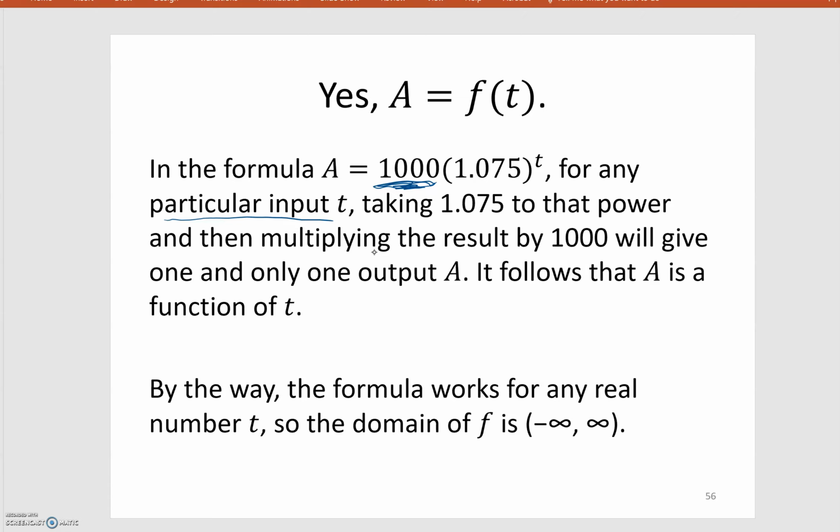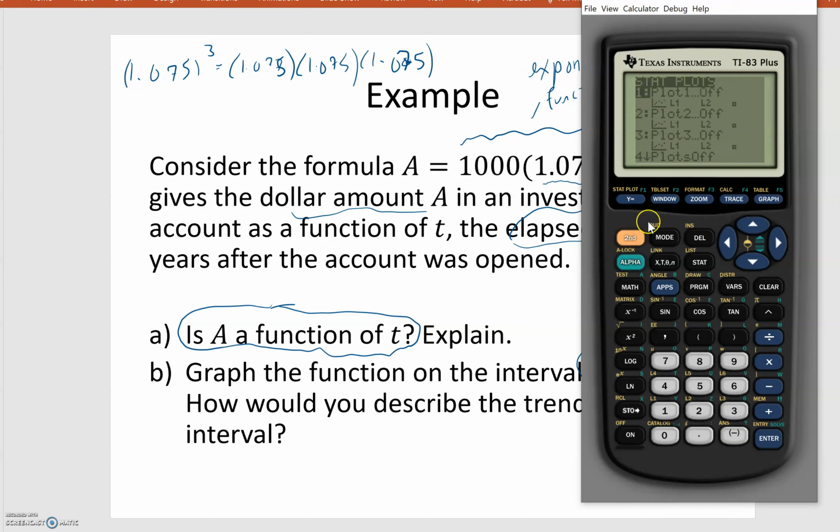Okay, let's talk about graphing the function on the interval 0 to 20 and what it looks like. So let me pull up the calculator and let's do some work with this. First go to y equals, actually let's make sure that my stat plot is turned off. It is, so that's good. All right, I'm going to go to y equals and enter the function.